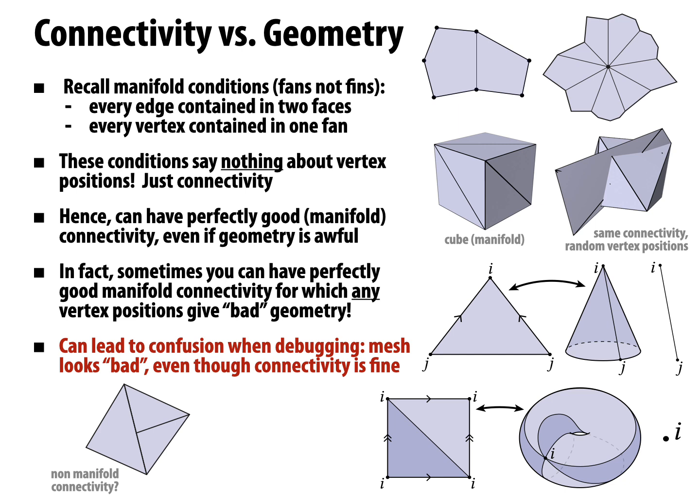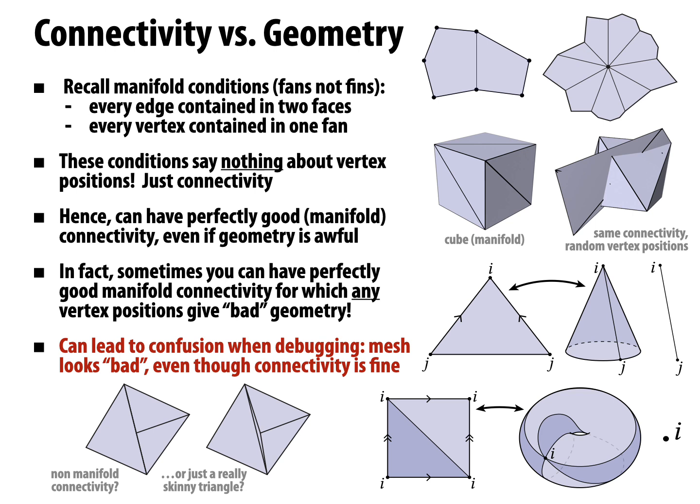It looks perfectly fine. And what's actually going on here is there is another triangle there. It's just really, really skinny. Okay? So this is a distinct phenomenon. This is just a bad small triangle, but the other ones you really should think about, right? What's going on there? How is it that I can have perfectly good manifold connectivity, but I can't put any good geometry on it? That can happen.